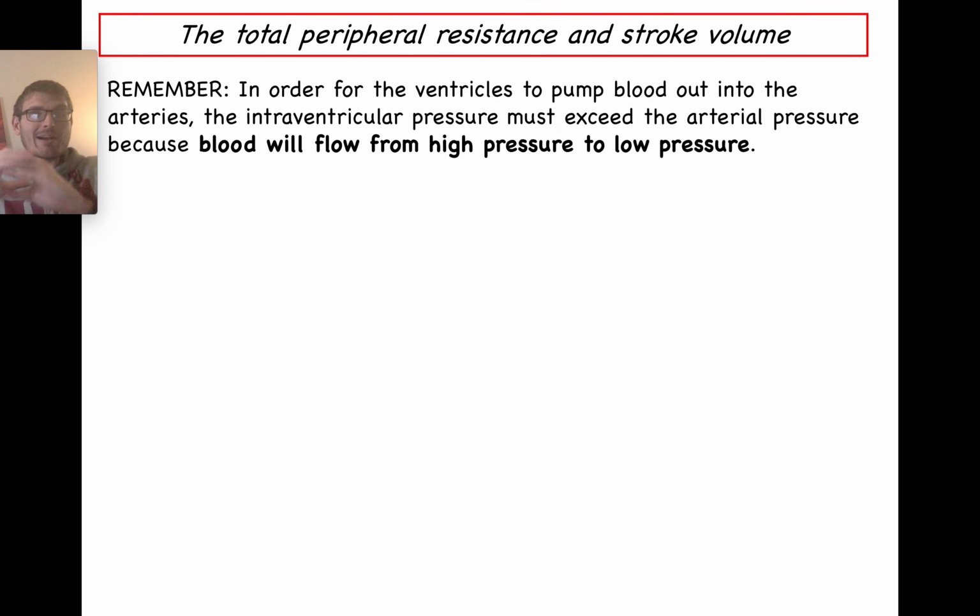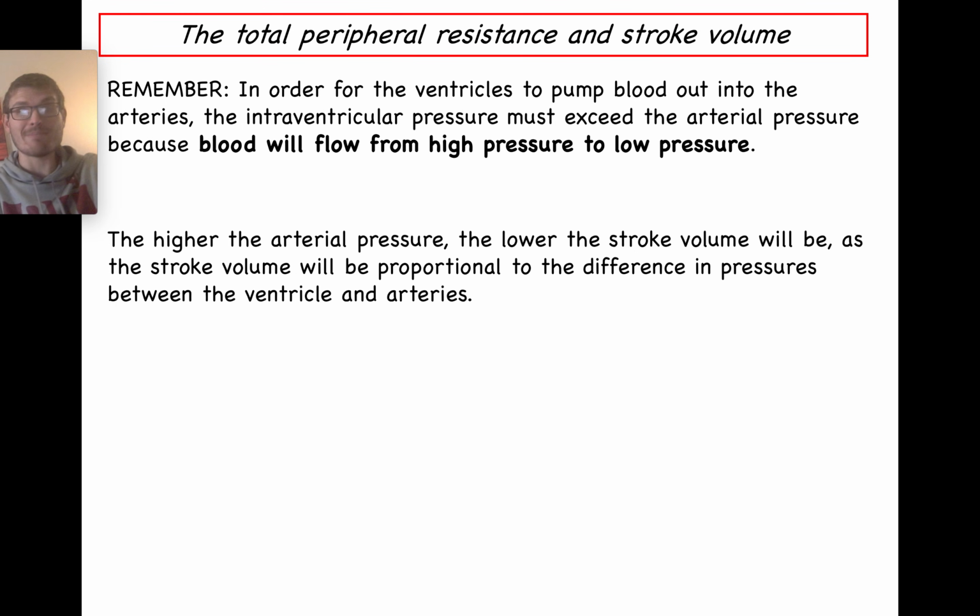So if your arteries vasoconstrict, that drives their pressure up. So if you want the ventricles to pump blood through there, their pressure has to be even higher. So the higher the arterial pressure, with nothing else changing, the lower the stroke volume is going to be, because your stroke volume is proportional to the difference in pressures between the ventricle and the arteries.